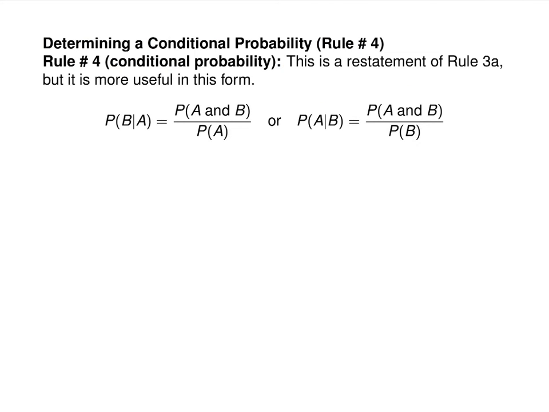Okay, determining a conditional probability, so rule number 4. This is a restatement of rule 3a, but it's a bit more useful in this form.